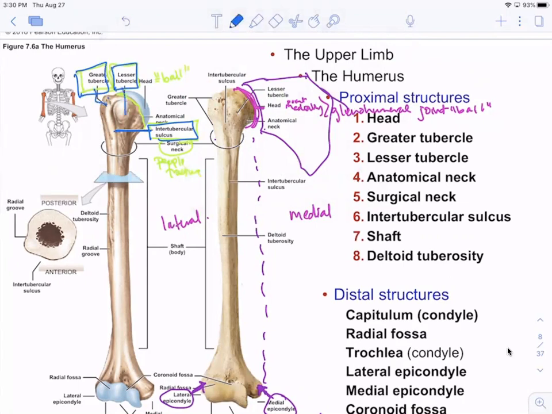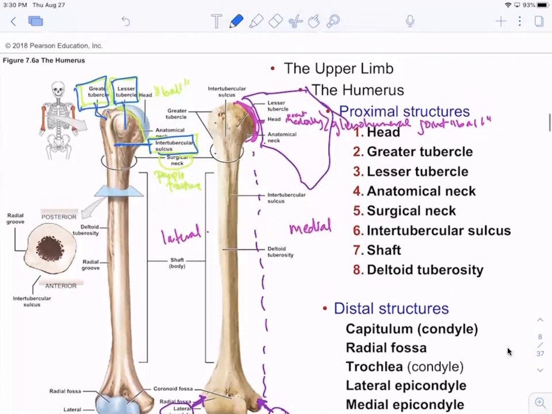So greater and lesser. Now here's the thing, when we talk about the humerus and when we talk about the femur, there's a greater trochanter on the femur and a lesser trochanter on the femur, and there's a greater tubercle on the humerus and a lesser tubercle on the humerus. Greaters are lateral, and lessers are medial. And I say this because on the humerus, one doesn't necessarily look bigger than the other.